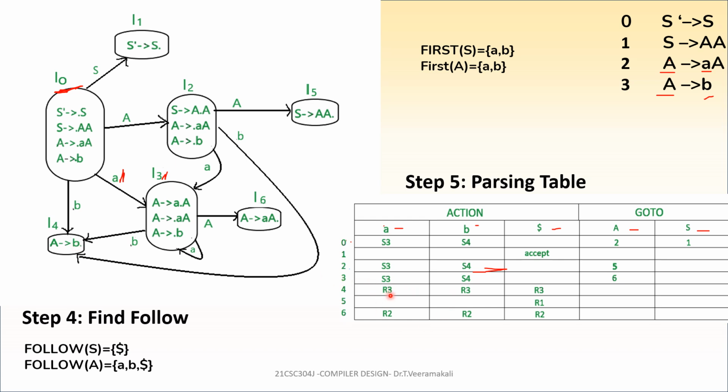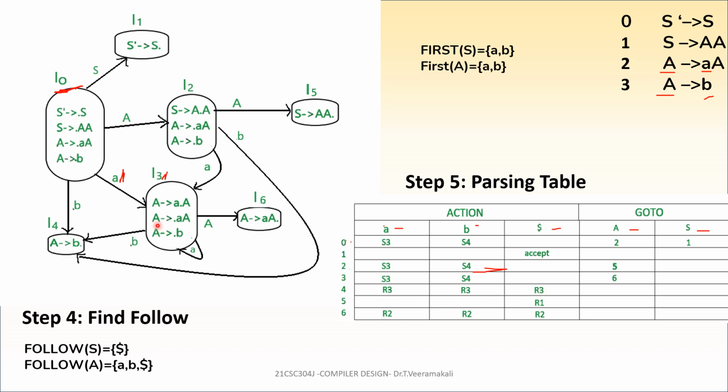So in the R3, where you have to apply? To find that, we have to find the follow of this A rule, right? So what is the follow of A? A, small b, dollar. So in a, b and dollar, you must include R3.